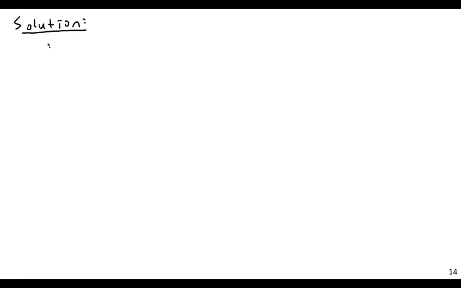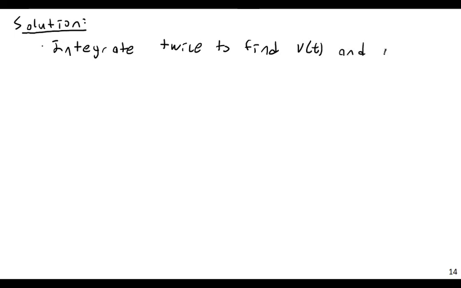So again, we're going to try to integrate twice to find v of t and x of t. I guess in this case I'll use y of t. I think that makes more sense. V of t and y of t.